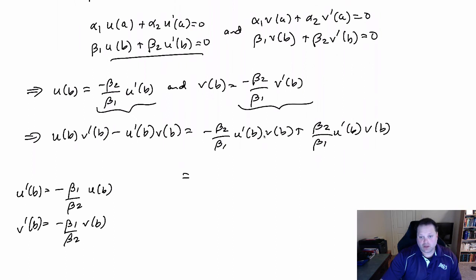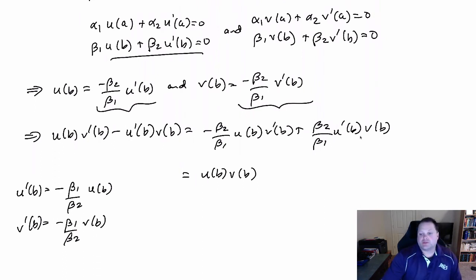Those cancel, and then you just have u(b) v(b) right there. Similarly, if you replace u' in the other term, you get minus beta 1 over beta 2, and because it's a negative, it's minus u(b) v(b), which turns out to be 0.